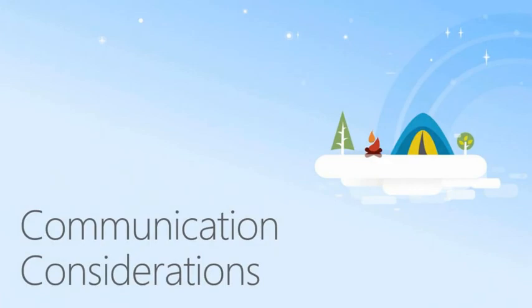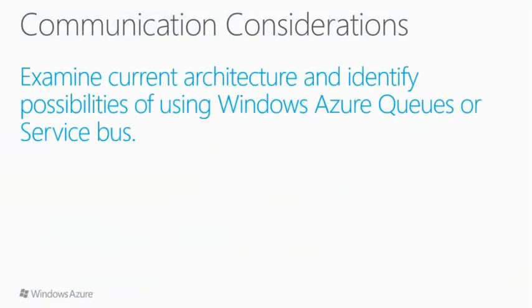Let's talk about communication mechanisms or considerations between different portions of your application. What you want to do here is look at your current architecture and see where there are opportunities for using communication mechanisms like Windows Azure Queues or the Service Bus.